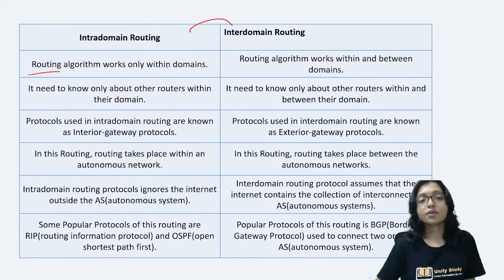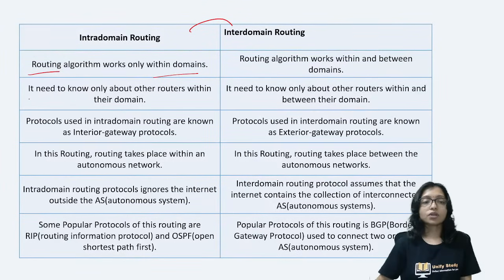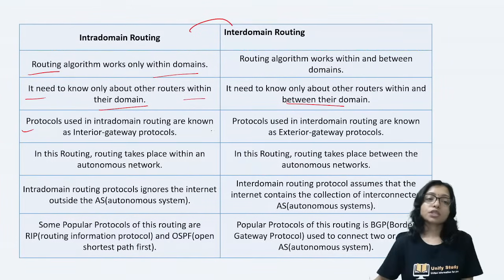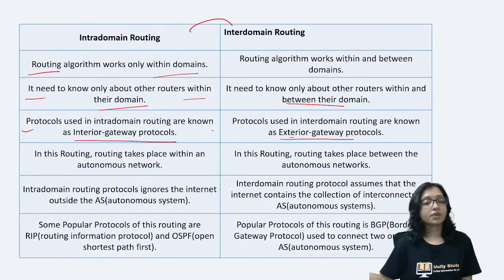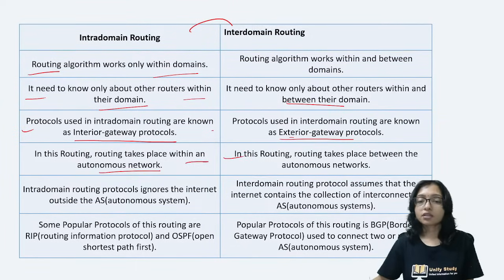The routing algorithm works within the domain, that I told. It needs information about the routers within the domain. Inter-domain is between the domains. The protocol for intra-domain routing is known as the interior gateway protocol. Inter-domain is known as the exterior gateway protocol also. Here routing takes place between the autonomous networks.